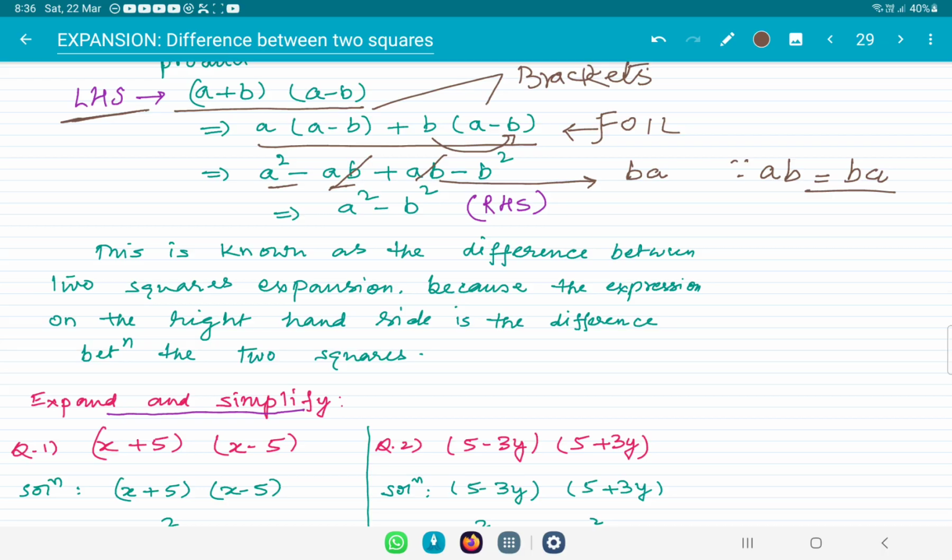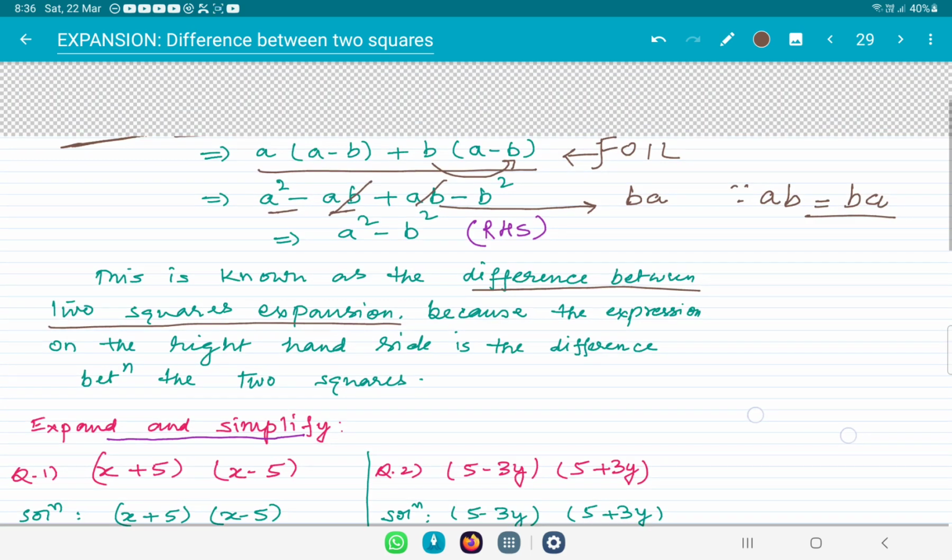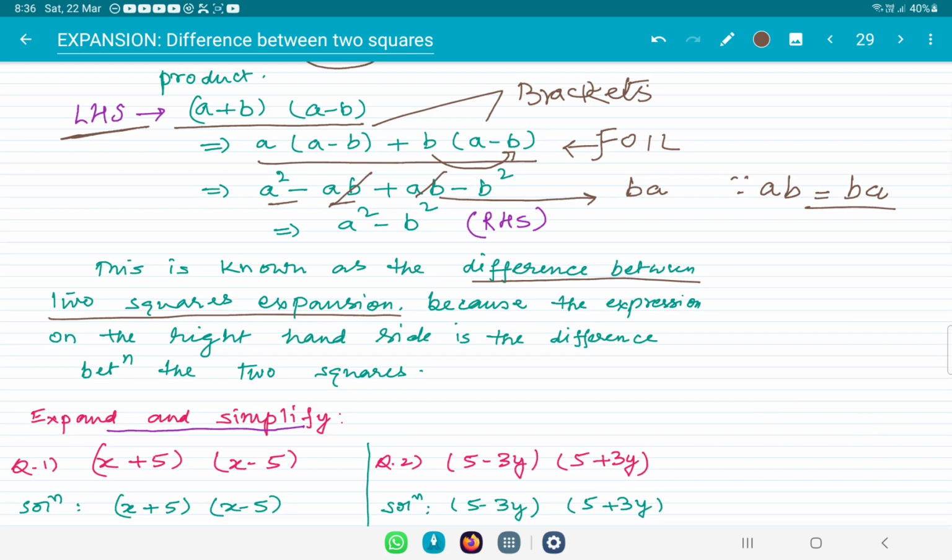So (a plus b) in one bracket and (a minus b) in another bracket gives a square minus b square. This is known as the difference between two squares expansion, because the expression on the right hand side is the difference between two squares. Clear?